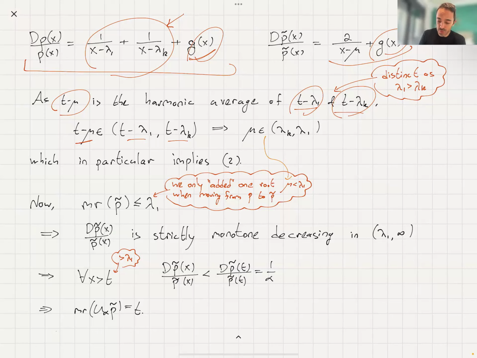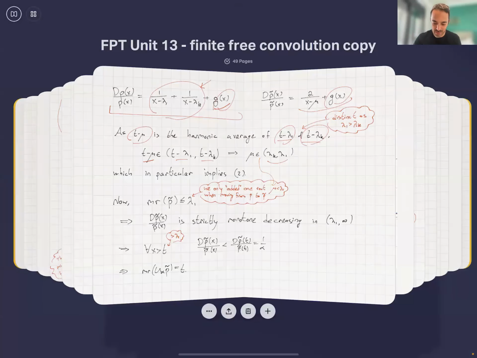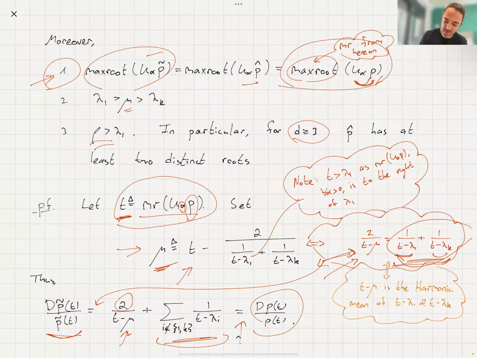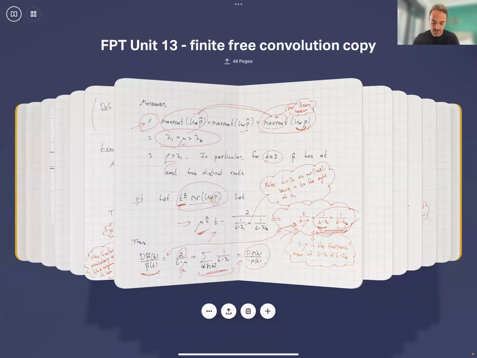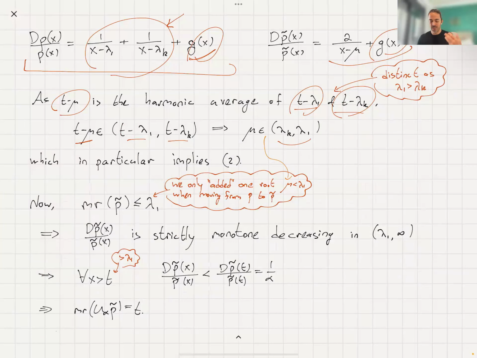And so mu is strictly between lambda k and lambda 1, not to be switched in direction. Okay, so actually that also implies 2. We are trying to prove this equality, but on the way we just proved that mu is between lambda 1 and lambda k. So that's done, but we need it as we go on.